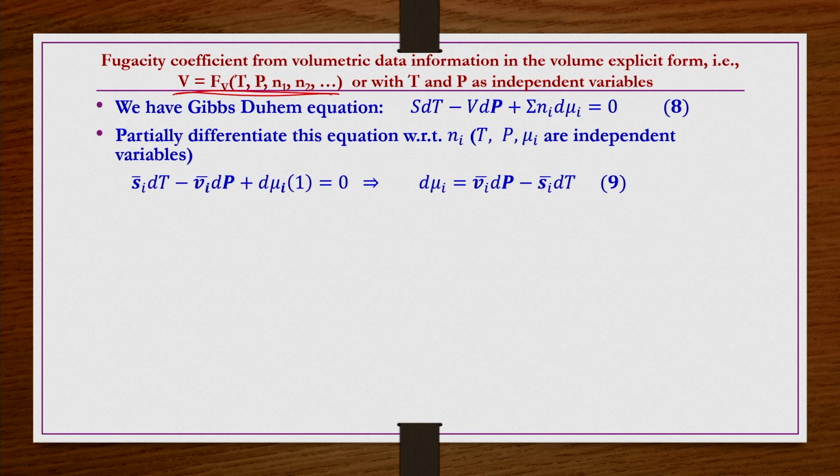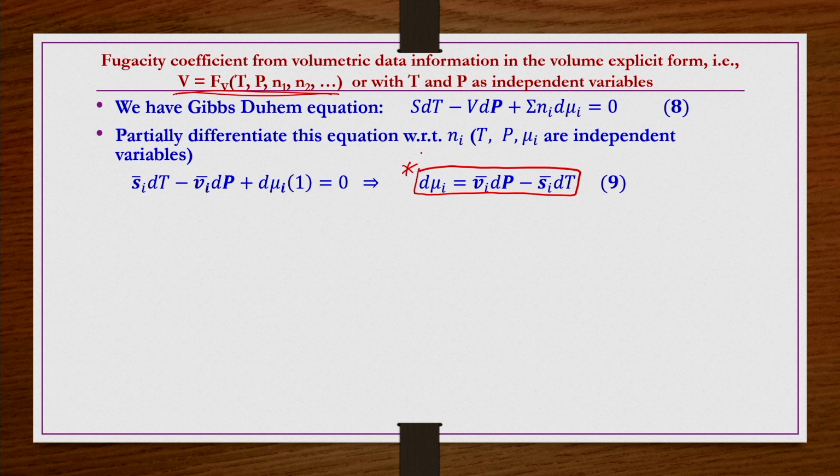Obviously, we will get small si bar dT minus small vi bar dP plus d mu i of 1 is equal to 0. That means, d mu i is equal to vi bar dP minus si bar dT. Right. Now, this relation is coming from the Gibbs-Duhem equation.